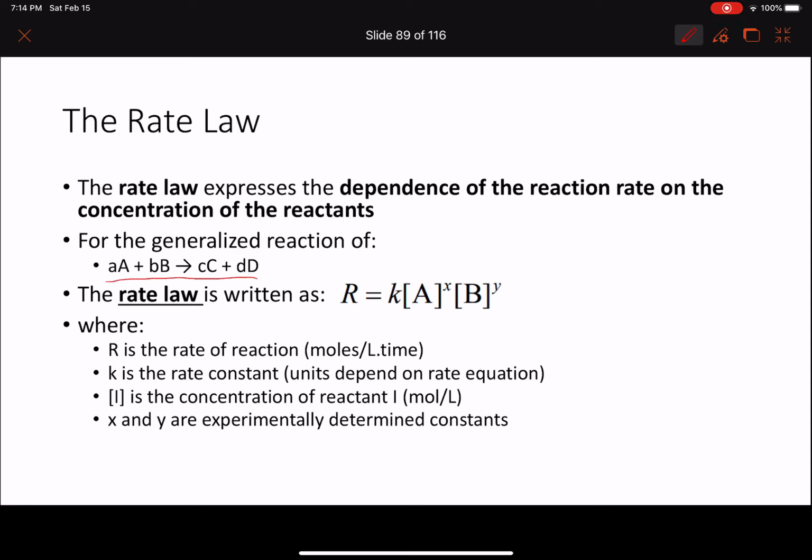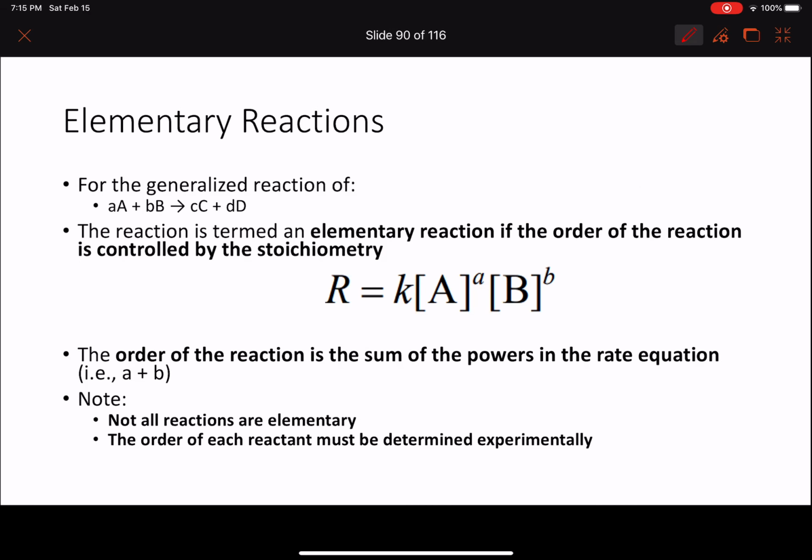The rate law is written as k, concentration of A to the power a, times concentration of B to the power b. So the reaction rate r in mole per liter per time is equal to k, concentration of A to the power a, times concentration of B to the power b. And these are the units for each of these parameters.